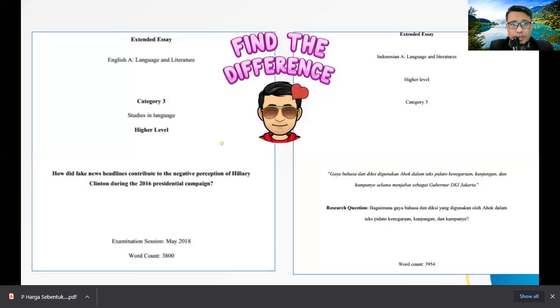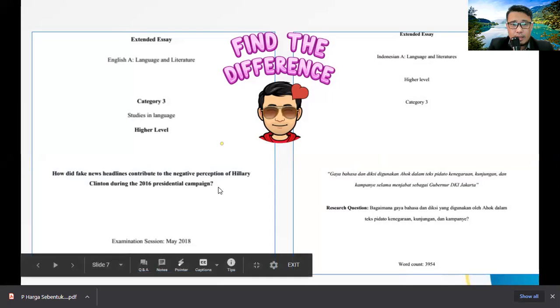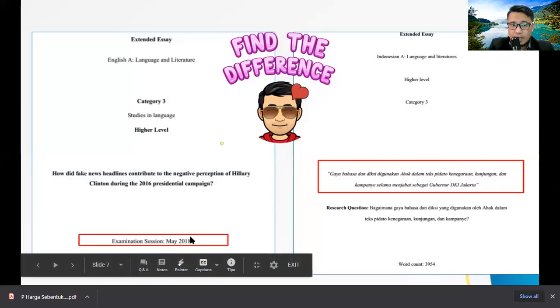So here's the example. You can see these are two examples of the title page. You can actually see the difference between the left side and the right side. Here we can see there's a topic and also a research question, and then here it mentions the examination session, which is actually fine.